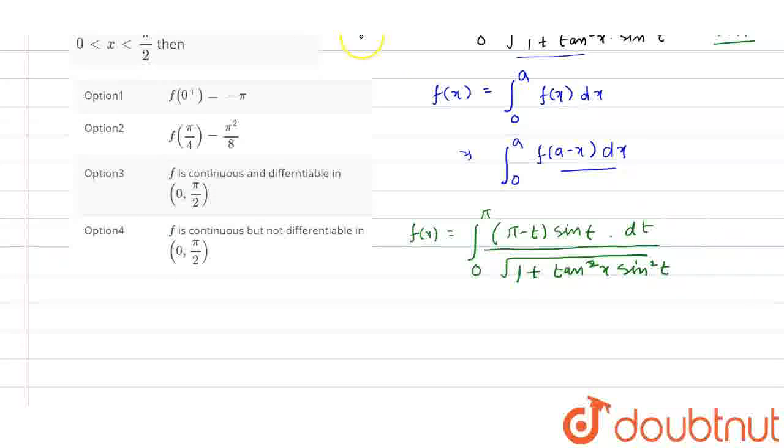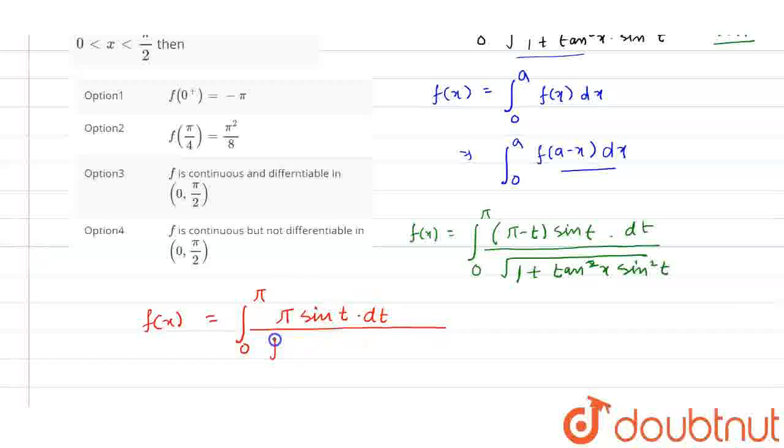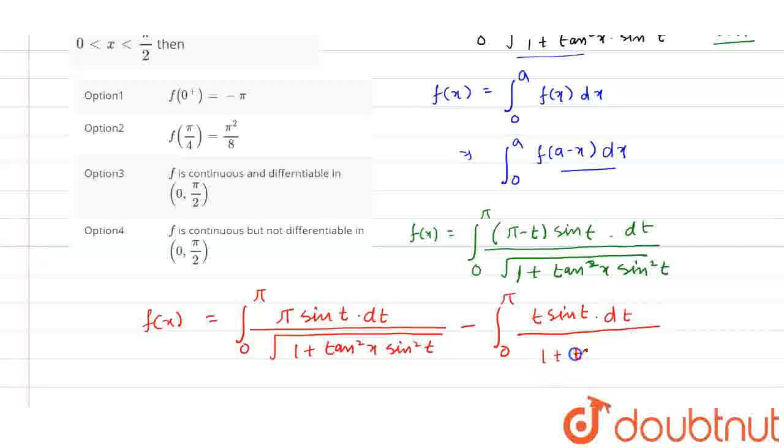Now f(x) is equal to integration 0 to pi sin t dt upon root 1 plus tan square x into sin square t, minus limit 0 to pi t sin t dt upon root 1 plus tan square x into sin square t.